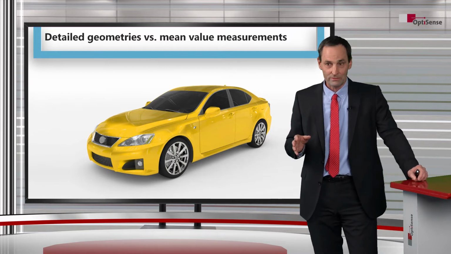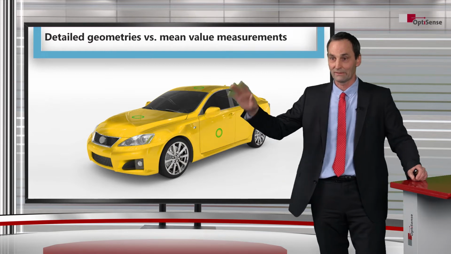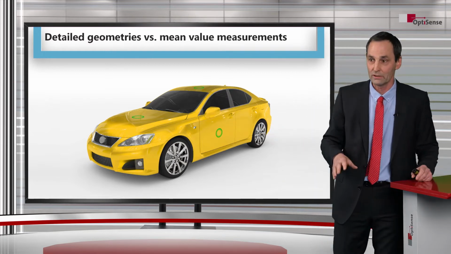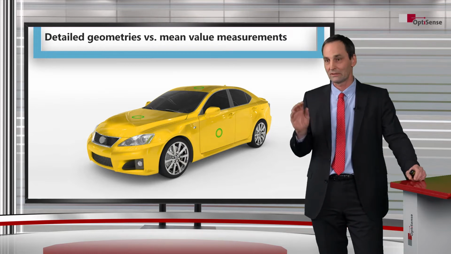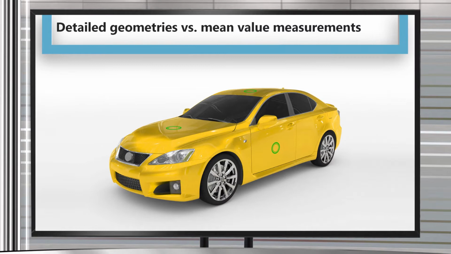But the real problem is when we look at the flat surfaces, in the middle of the hood, in the middle of the door. Yes, coating thickness measurement is easy and you have different possibilities. But the next step is that we have slightly curved situations and then coating thickness measurement starts to become more complicated.